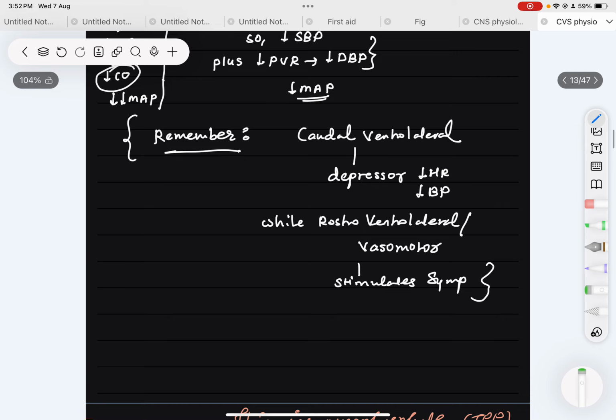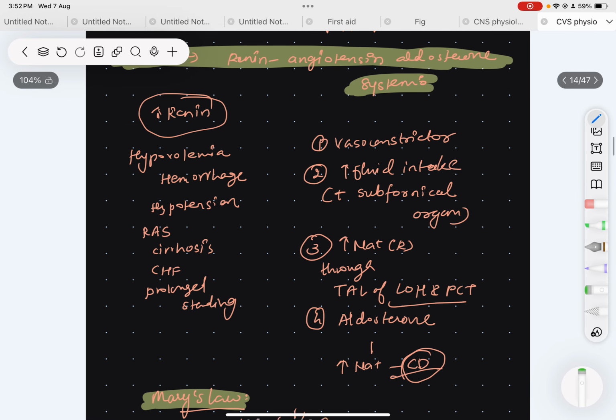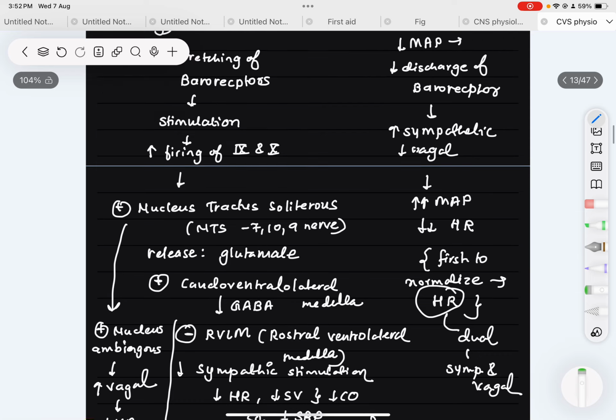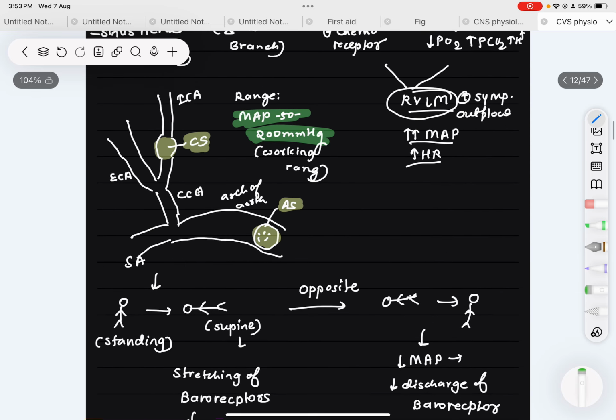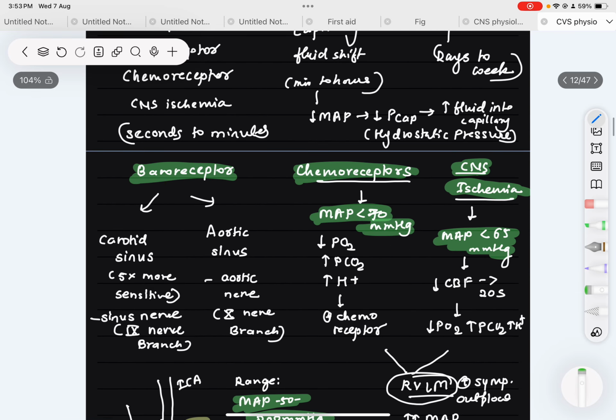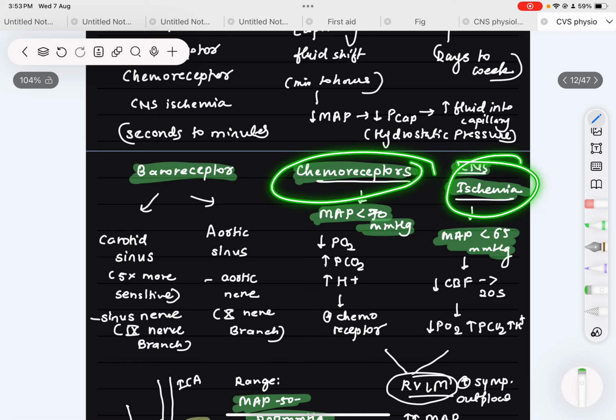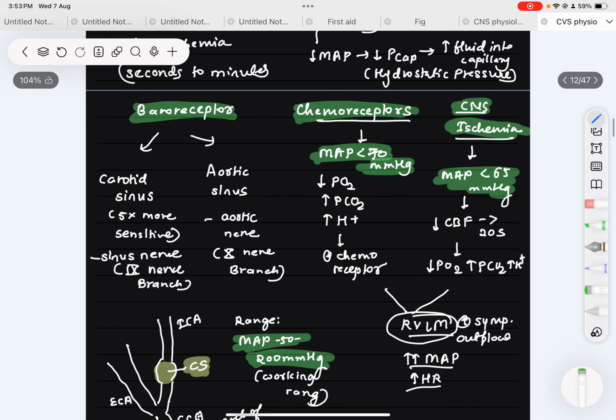Now, yes, the renin angiotensin aldosterone system, that is a long acting one. I forgot to tell you about this chemoreceptor and CNS ischemia. So chemoreceptor will act at mean arterial pressure less than 70 and this less than 60.